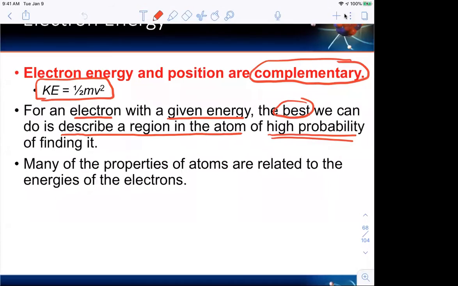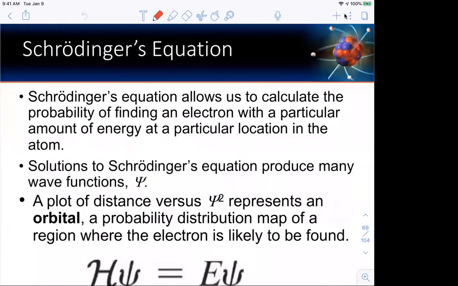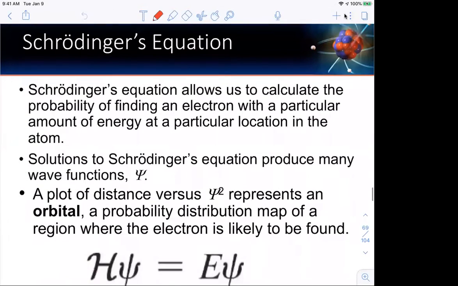We really want to understand this because many of the properties of atoms are related to the energies of electrons. Bonding occurs with electrons between two different atoms, so molecules are built on bonds that form between atoms because of their electrons. So where exactly are those electrons in an atom?